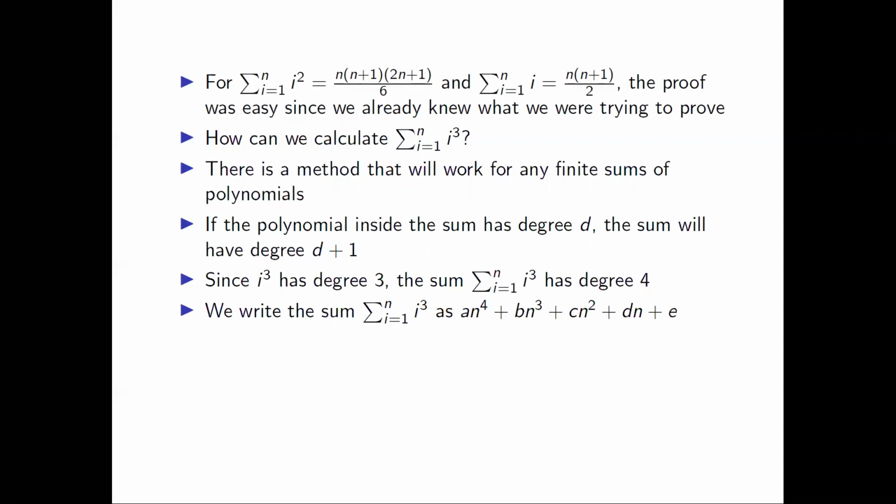So we're going to write the sum from i equals 1 to n of i cubed. Since we're claiming that it has degree 4, we can write it as an to the 4th plus bn cubed plus cn squared plus dn plus e, where a, b, c, d, and e are all real numbers.